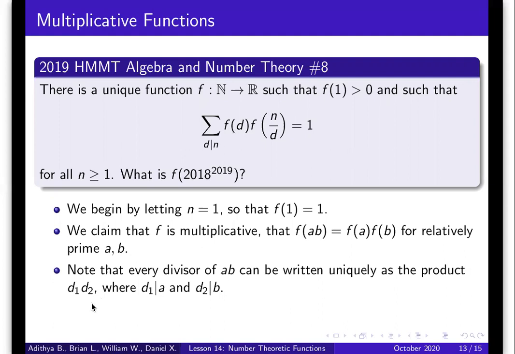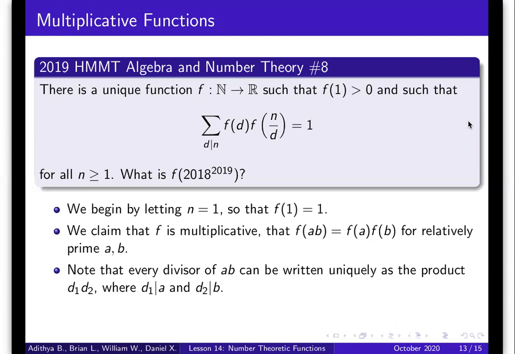But first, we look at the divisors of a and b, because we know that if we're going to be plugging stuff in, then we care about their divisors. So if we look at the divisors of ab, every divisor has some primes that come from a and some primes that come from b, and these primes are mutually exclusive because a and b are relatively prime.